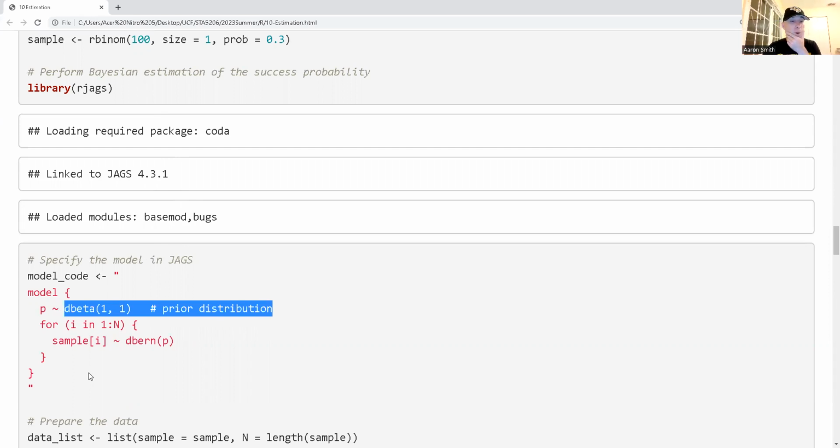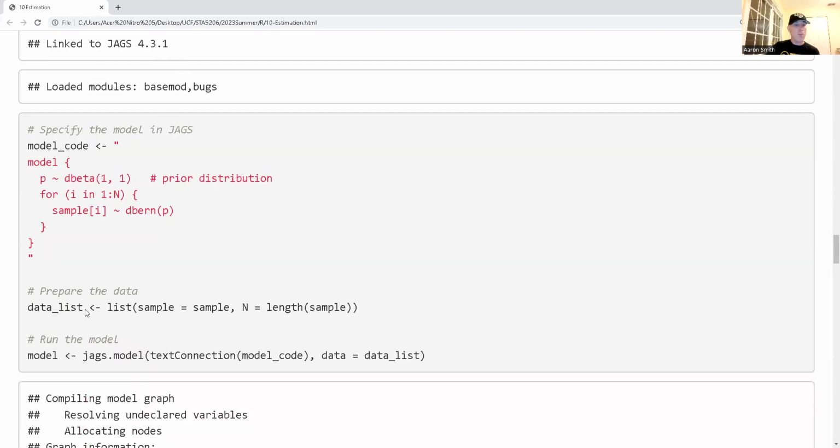And now I'm going to go through and do my Bayesian modeling here. And so now I'm just setting up my data, putting things into the right format to work with. And then I put it into my JAGS model. And this can get a little bit complicated.